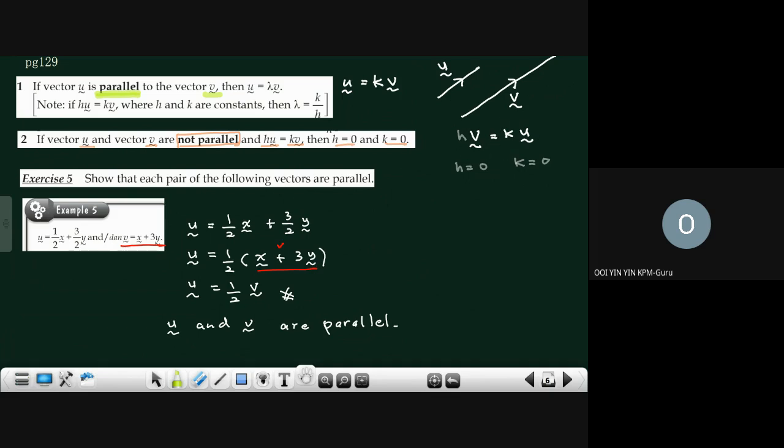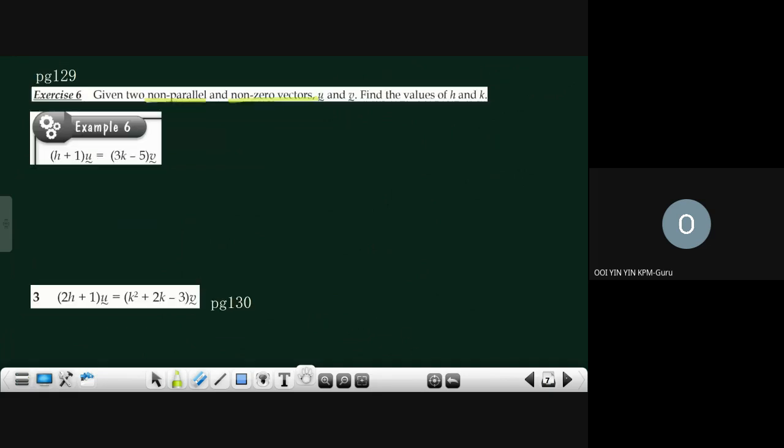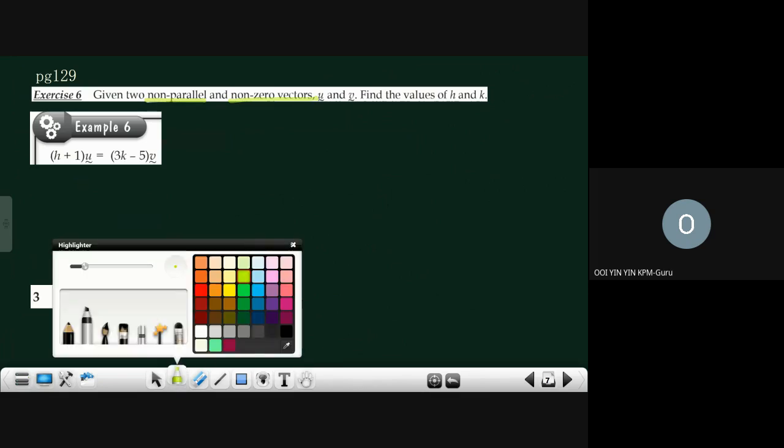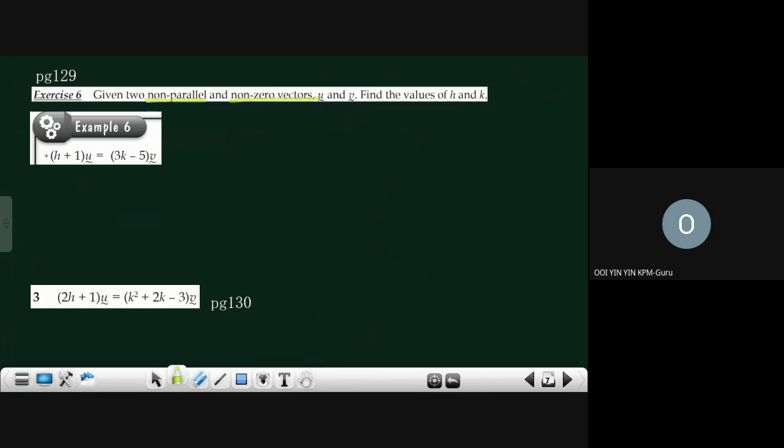They cannot be equal together. The only point where they are equal together is when your h and your k are 0.